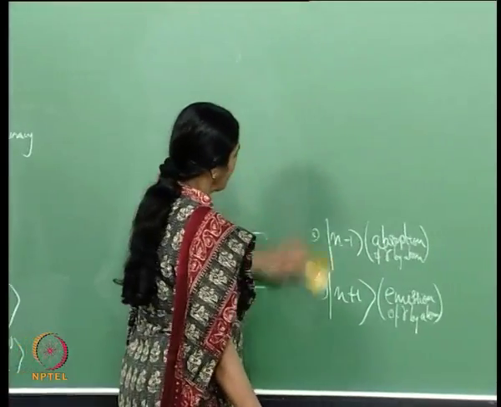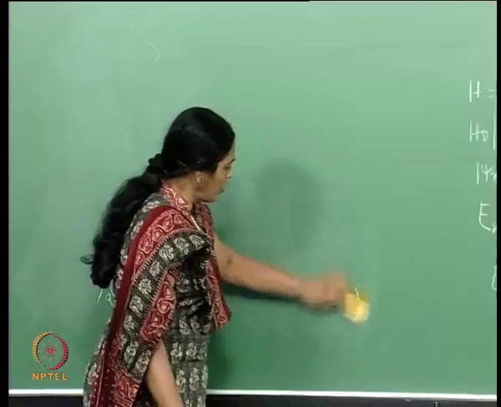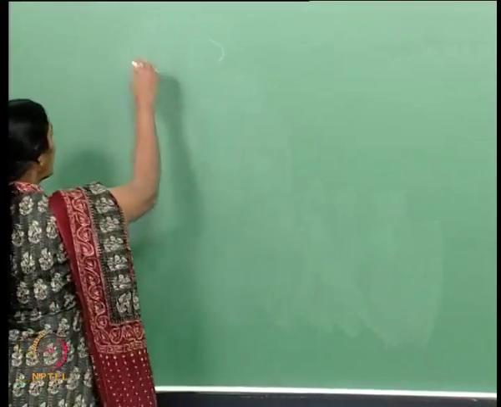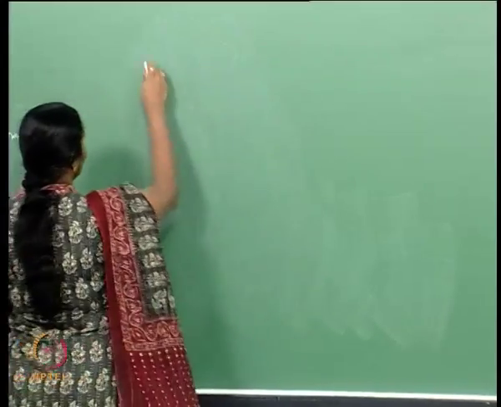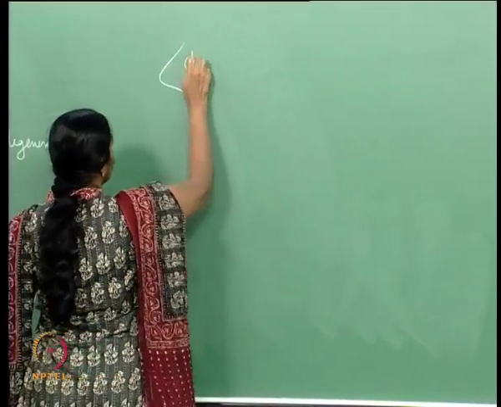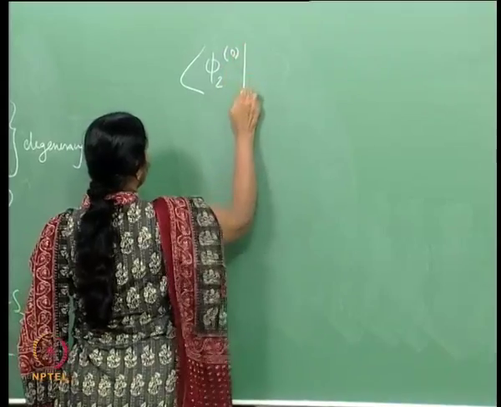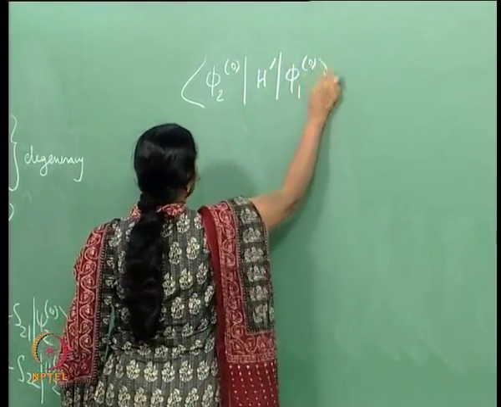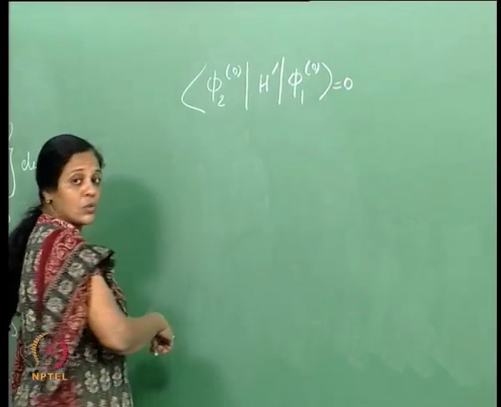What are the requirements that I have of these 2 superposed states? The requirements are the following: phi 2 0 H prime phi 1 0 must be equal to 0.